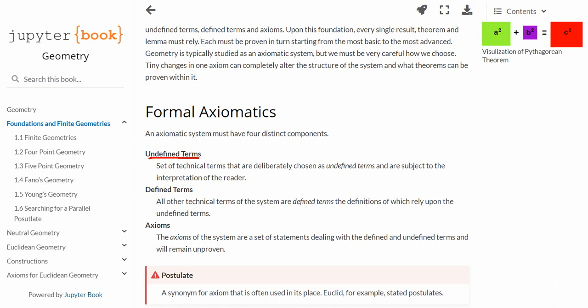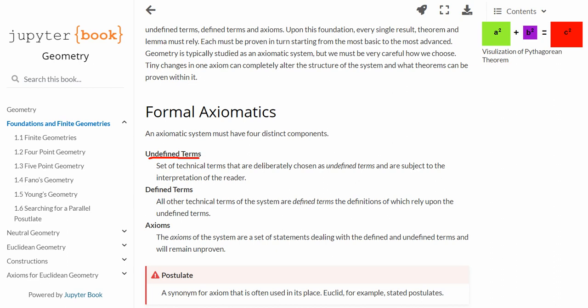And in most geometry, point, line, and on or intersect, these are undefined terms. We're just going to let them develop meaning as they're used in the axioms. So that's what I mean by undefined terms. We will never define them. They're terms that we're going to use, and they do have meaning, but we're not giving them formal definitions.